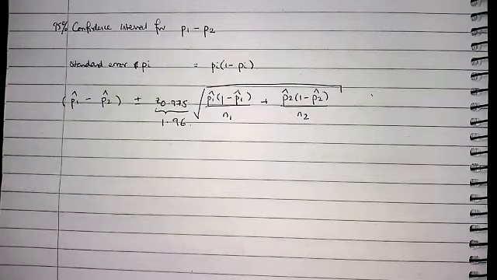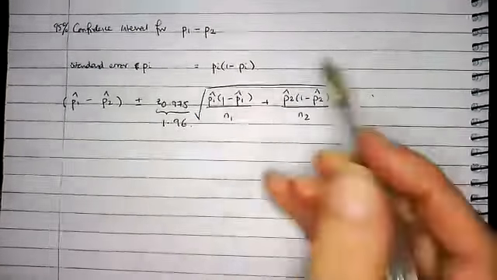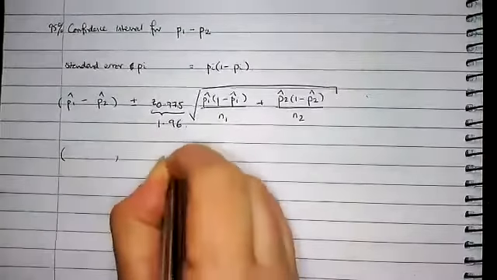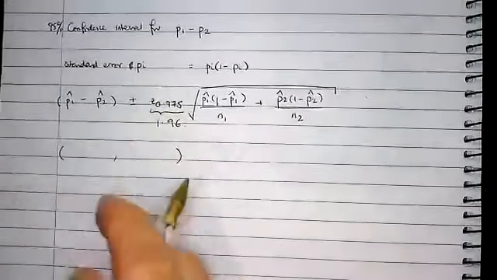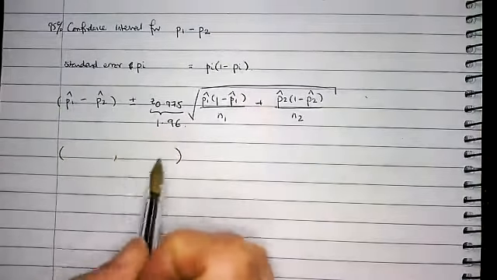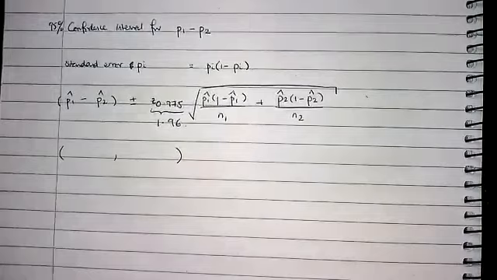Okay, so my question is, when you plug the values into this so that you've got a confidence interval, so that you actually know what the confidence interval is, the lower number here is negative and the bigger number here is positive. So 0 is in that range somewhere.